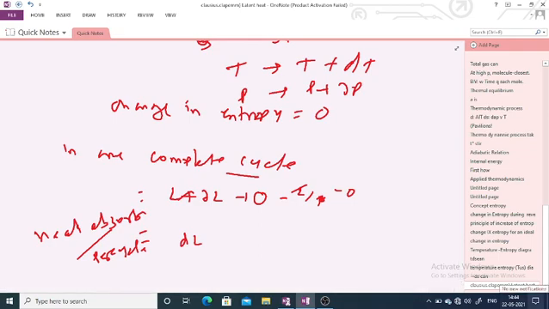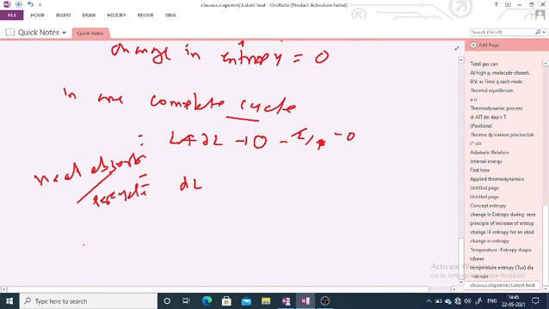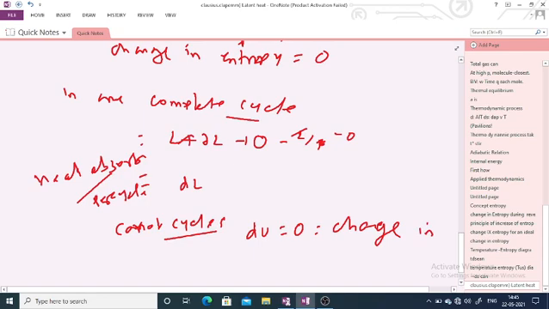So if the internal energy of the system is considered, and if it is a Carnot cycle, the change in internal energy is equal to 0.